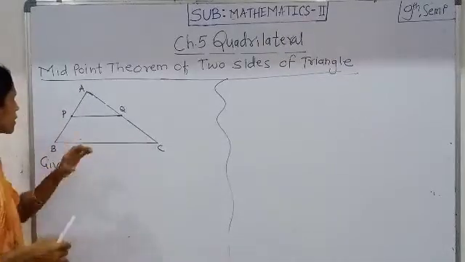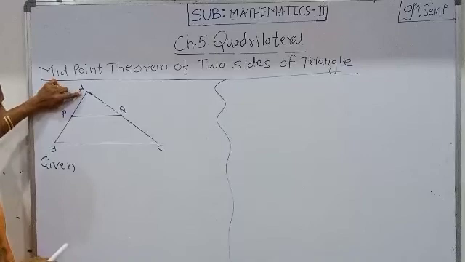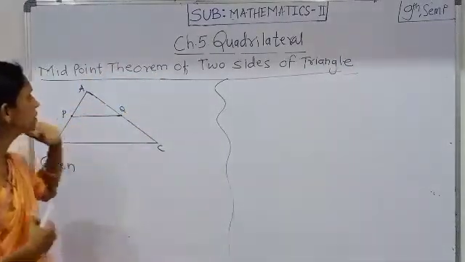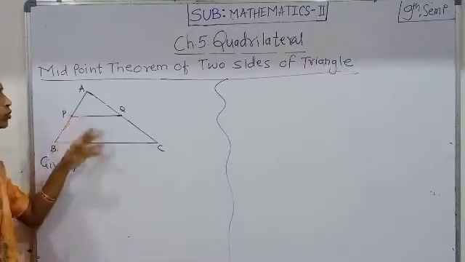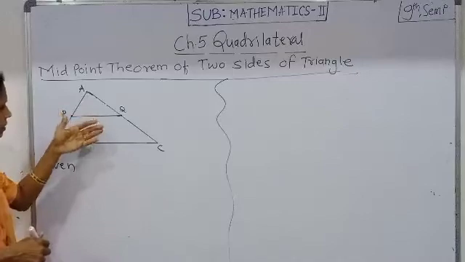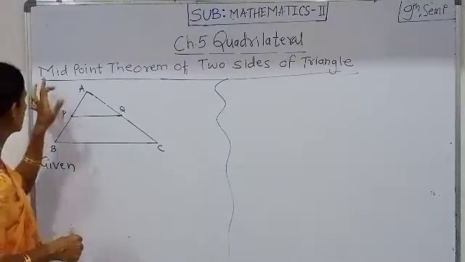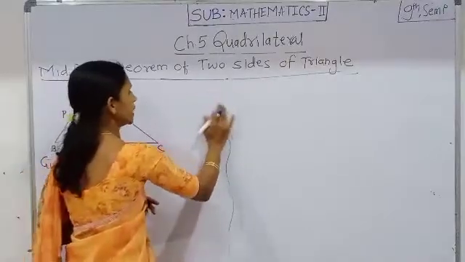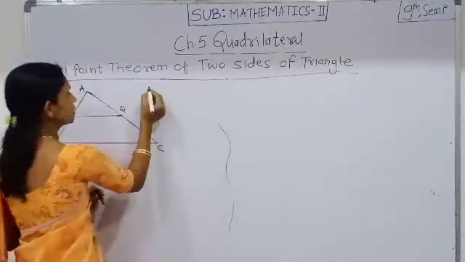This property is known as the midpoint theorem of two sides of a triangle, and we have to prove it. First of all we have to recall that property.